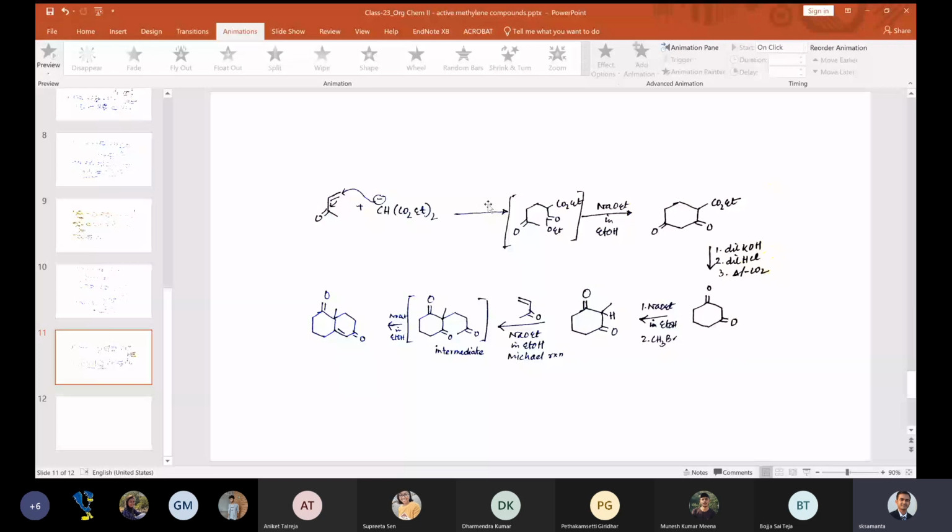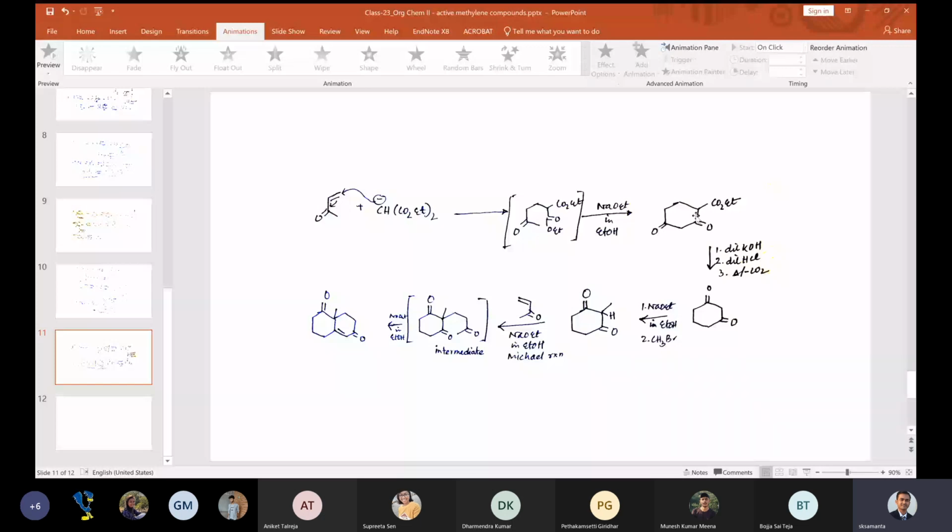So this is your methyl vinyl ketone and diethyl malonate. 1,4 addition first, you get this compound, correct? And now this is basically an intermediate, because here you are taking sodium ethoxide to generate this base. That same base will again take the proton from here and react to this center, CO2Et, so that you form this compound.